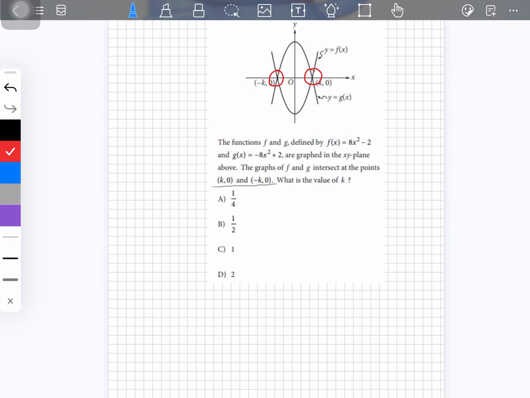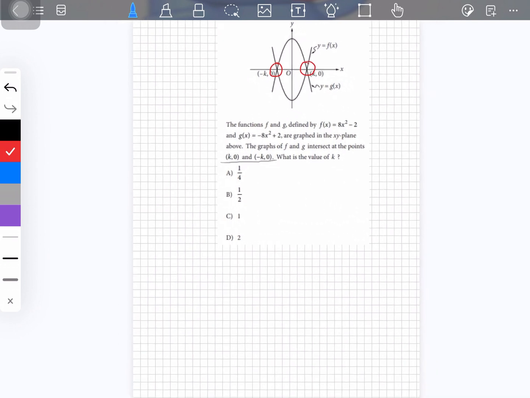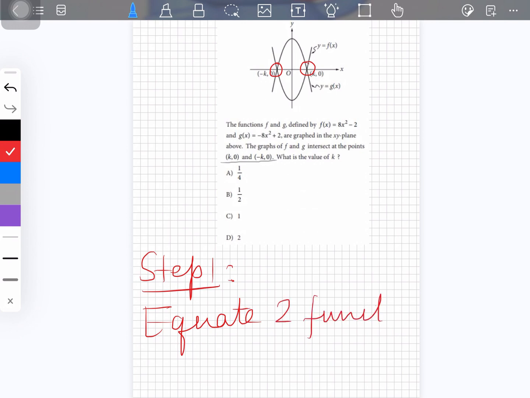What we have to do if we want to find the intersection or solve two graphs is step 1, equate the two functions. By that, what I mean is 8x square minus 2 is equal to minus 8x square plus 2.